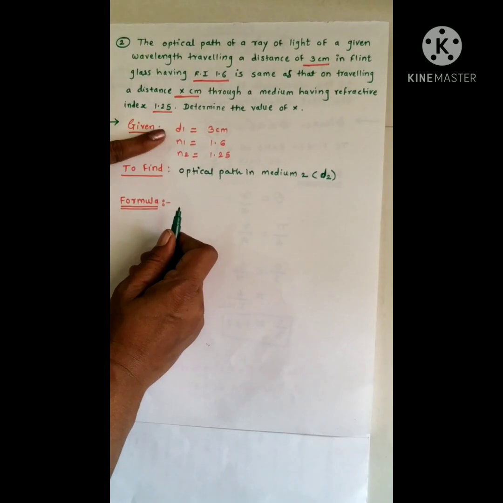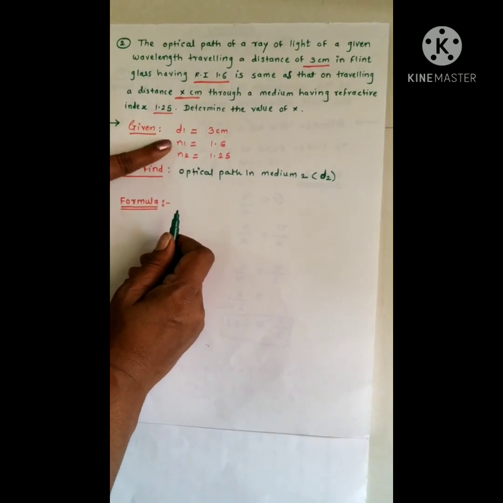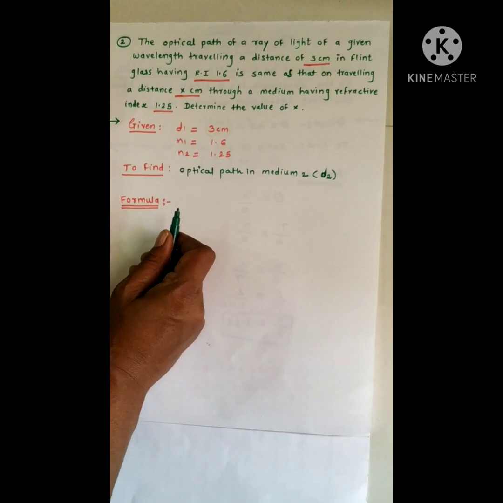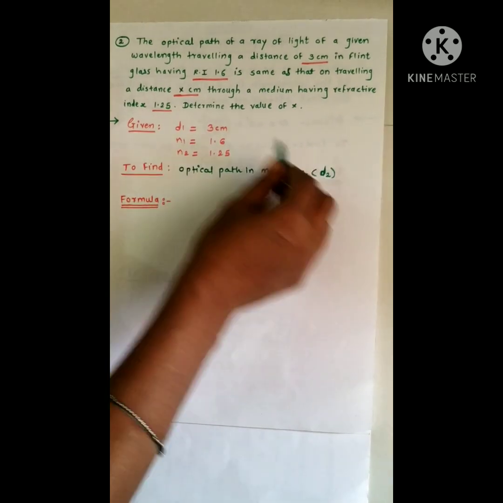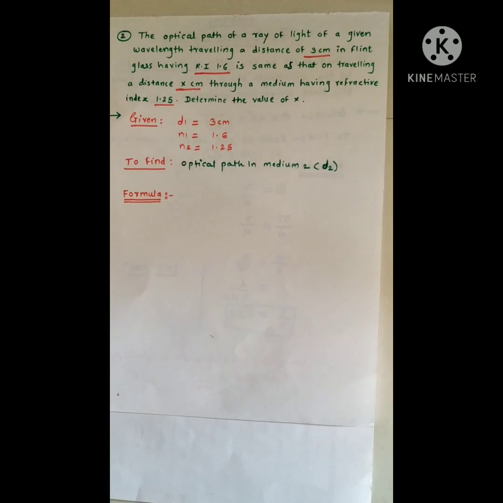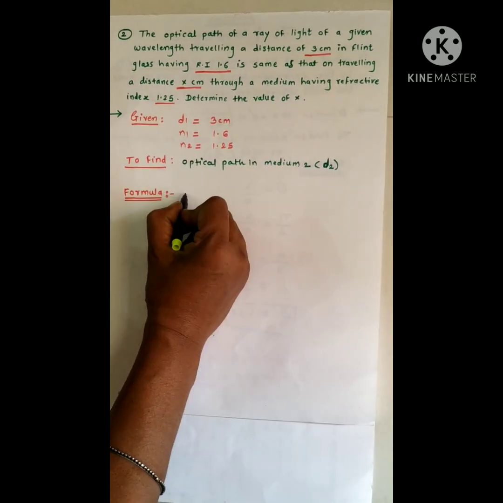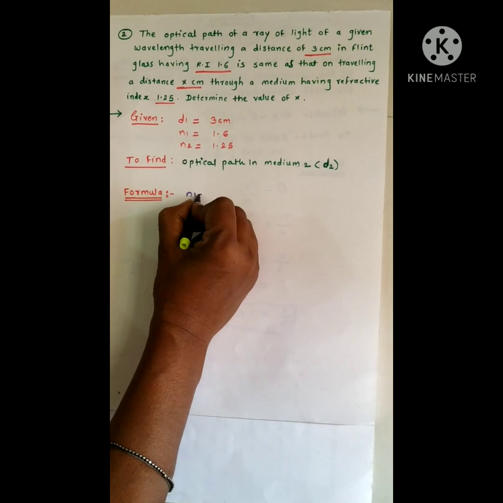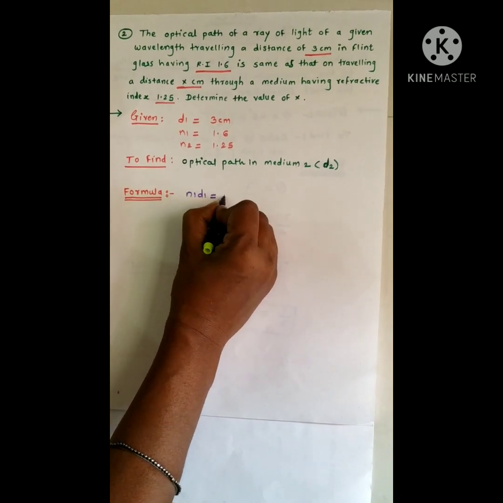Now d1 is given, n1 is given, n2 is also given, and we have to find the distance d2. For this, we know the formula: n1 d1 is equal to n2 d2.